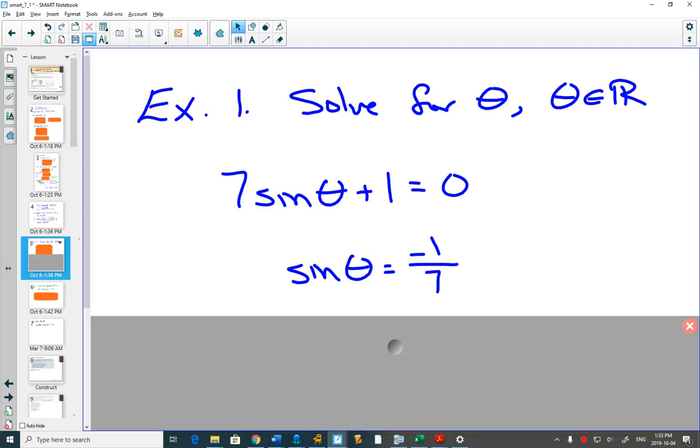So first of all, when we read the question, we recognize that it's a general solution question because the domain is given to be everything.